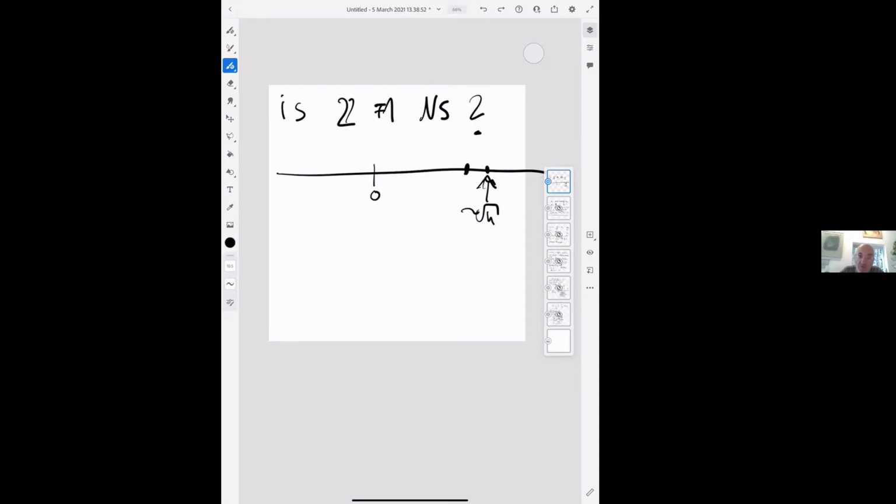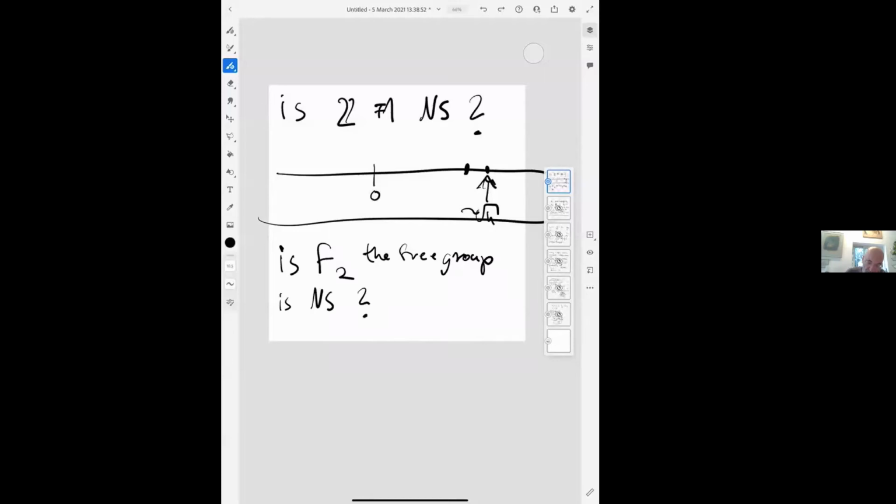Now this was one extreme, Z. The other extreme is another question: is F2, the free group on two elements, noise sensitive?